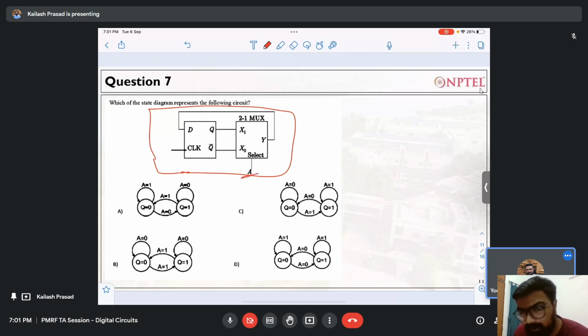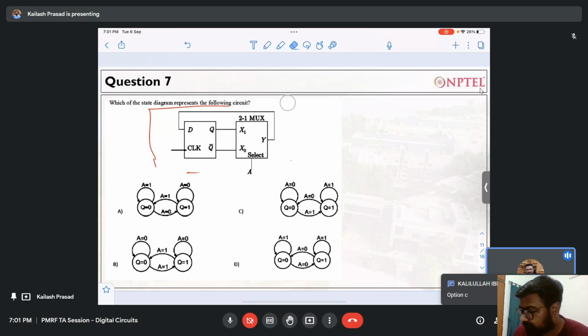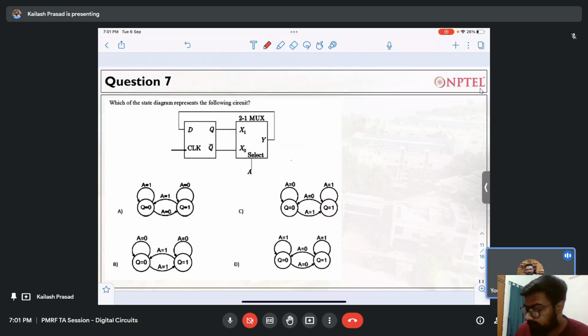See, there is an input A. And I will write a pseudocode for you, okay? Ibrahim is saying option C. Let's see what the option is, right? So I will write a pseudocode. It means if A is equal to 0, what happens if you see this node?